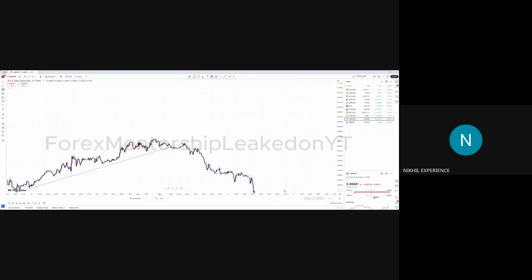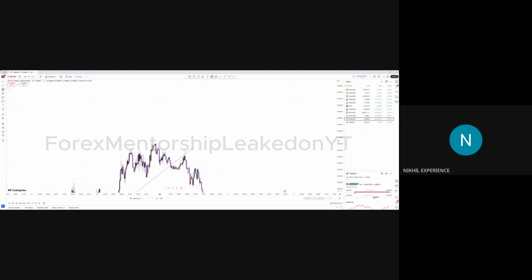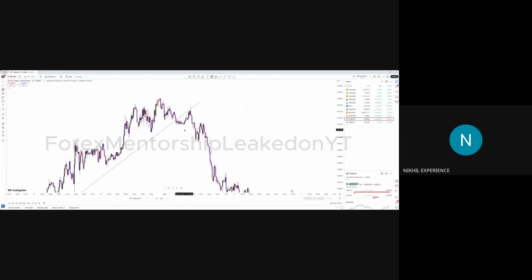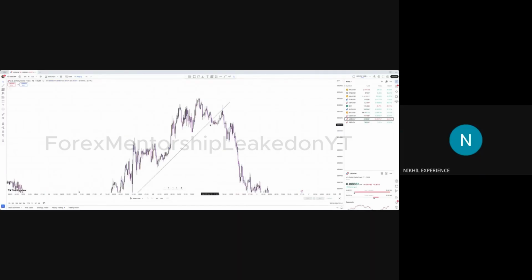Like I said, full body candle. Full body candle like this. Yeah, if I want a short, I'll take my entry here. No, this is long. This is my entry around that area where it broke out from.